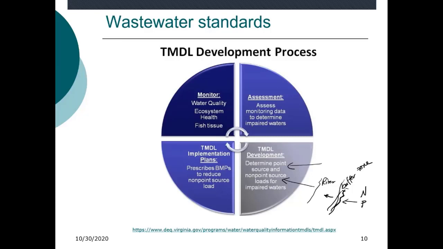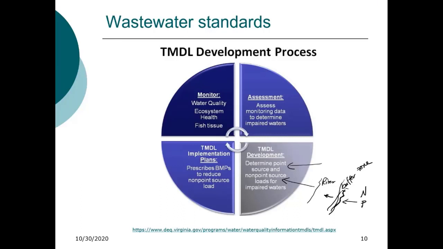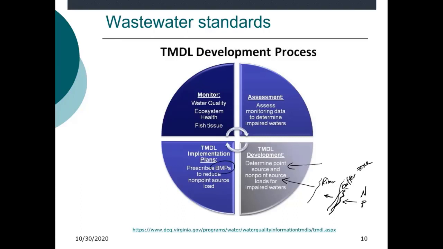So if we can reduce that load, then we can improve the water quality. And this is BMPs, or best management practices. One of those could be the use of buffer zones. That reduces our non-point source. We're regulating our point source at the treatment plant, and we can improve the quality of the river water.